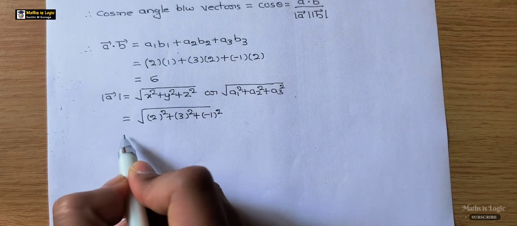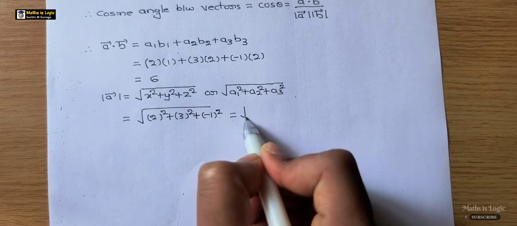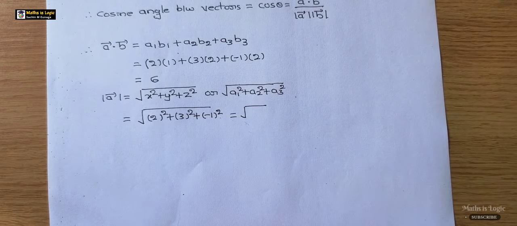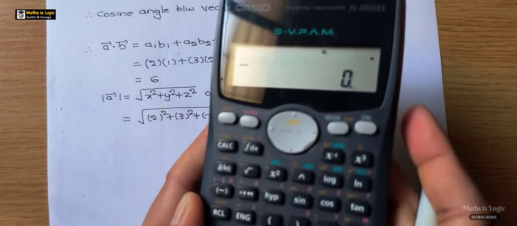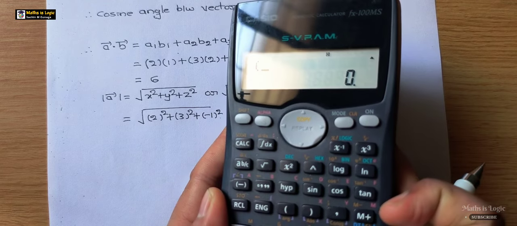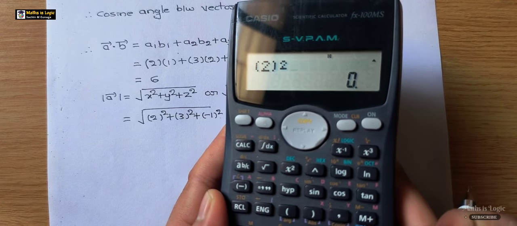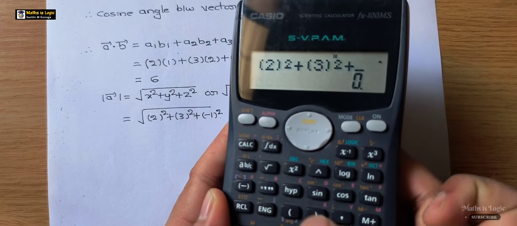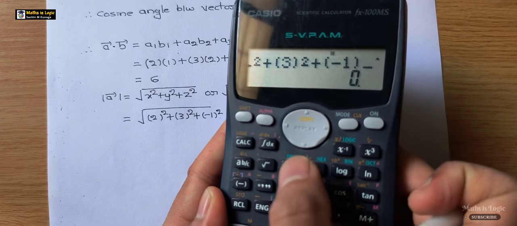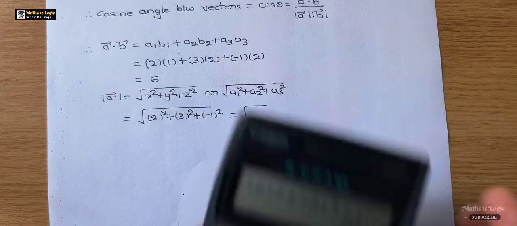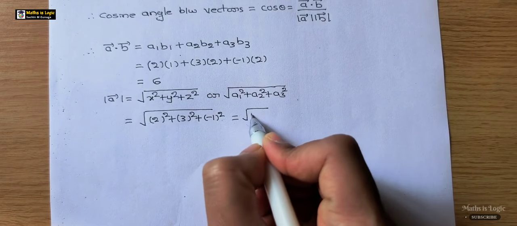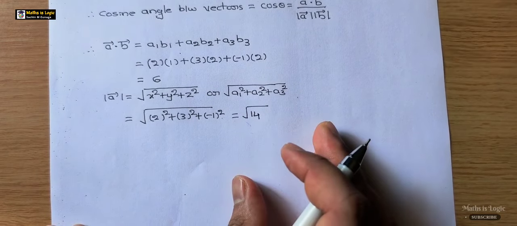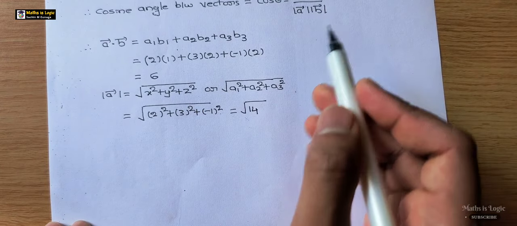Which is equal to square root, I'm going to keep it as it is. Again use the calculator. 2 square plus 3 square plus minus 1 square. So the answer is 14. So write root 14.